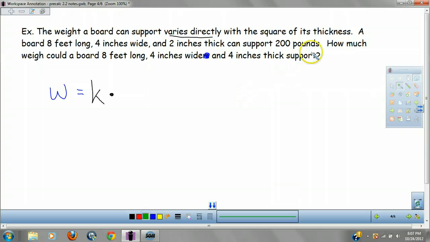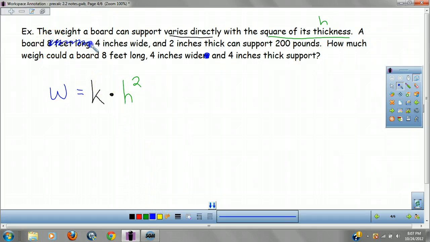And then for square of its thickness, what letter should I use for thickness, guys? I'm actually going to use H, times H squared.